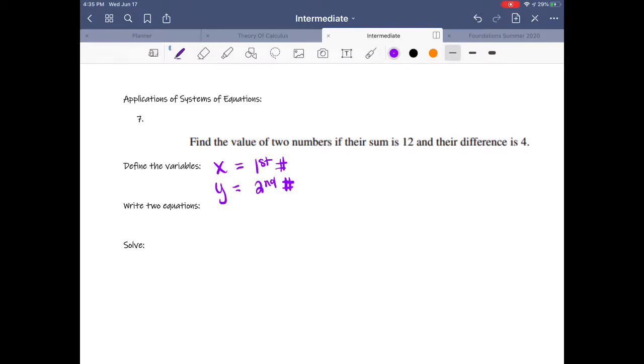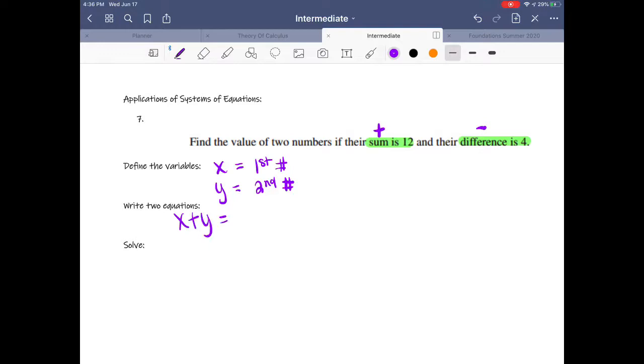So it says, find the value of two numbers if their sum is 12. What does sum mean? It means you're adding. And their difference is 4. What does difference mean? It means you subtract.